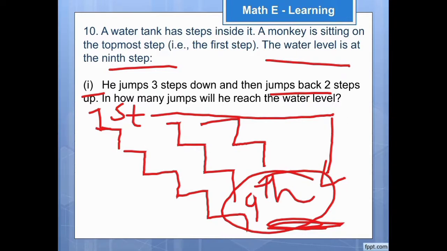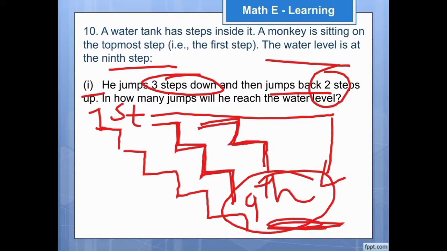So here, in the first jump he will go 3 steps down and then he goes back 2 steps up in the second jump. So we have to count these jumps also and then we will decide on which jump he will reach the 9th step, okay, the water level.